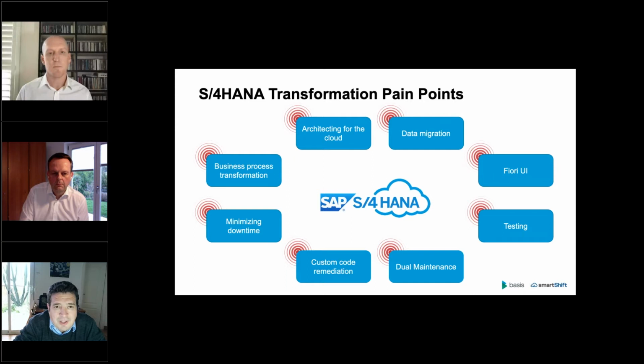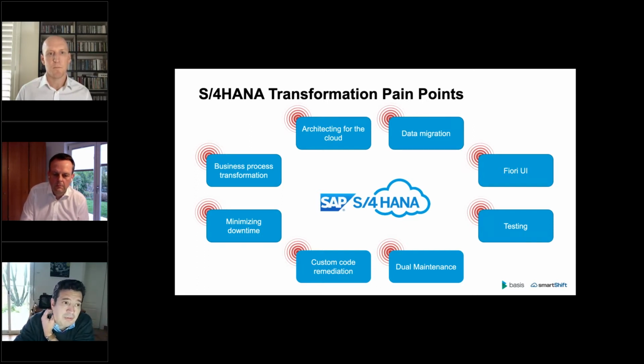There's a big element of understanding to what extent the customer wants this to be a technical project, and to what extent they're looking to really drive process transformation with either the inclusion of Fiori or with the elimination of custom code and the opportunity to go back to standard, so to speak.